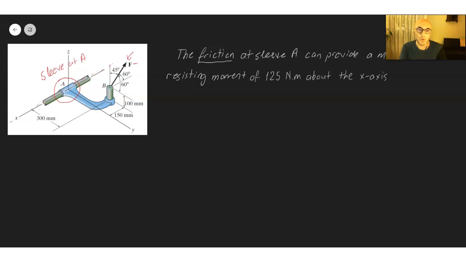Okay, so 125 Newton meters is the maximum resisting moment that can be applied at sleeve A.